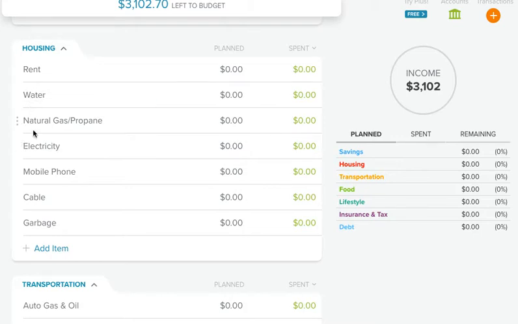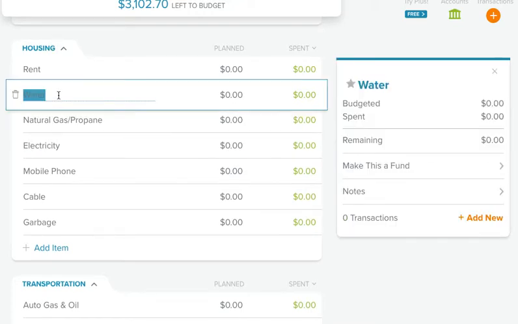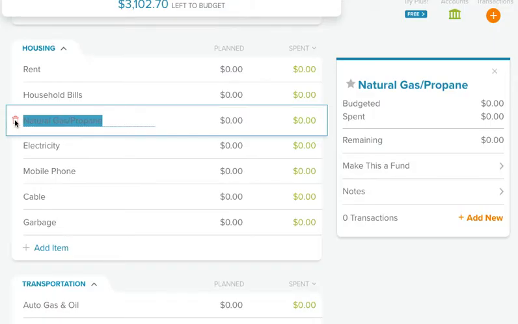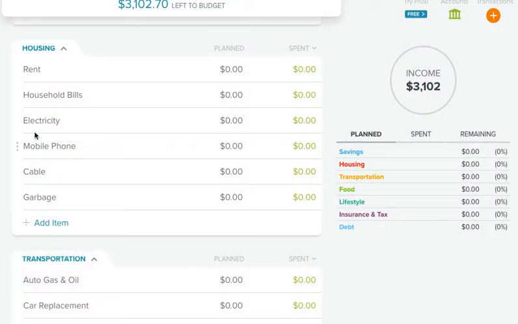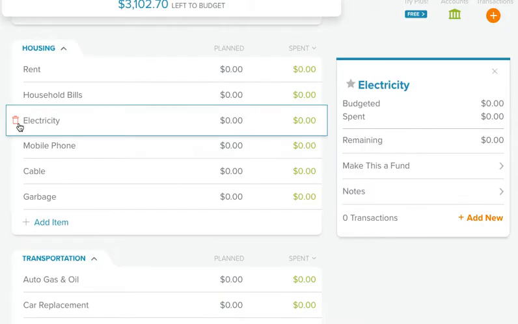I'm actually going to combine the household bills into one because I share a lot of those bills with my roommate. So I will just call these household bills so that way I can get rid of these over here. I don't like to have a lot of categories because I feel it confuses me sometimes, but in my mind just having one works.